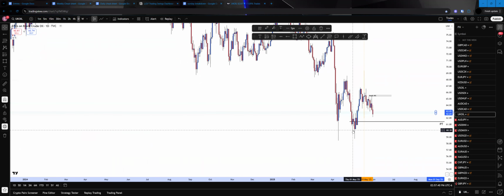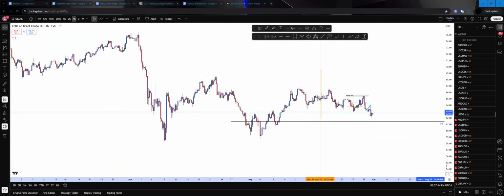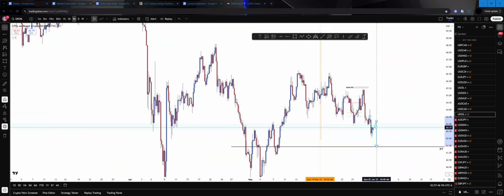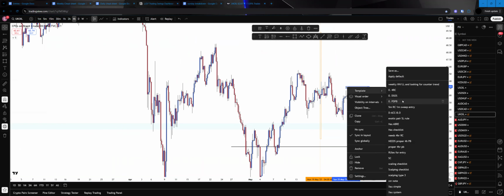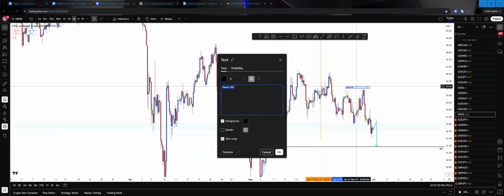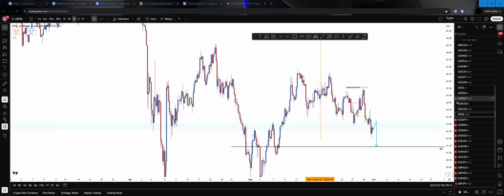Now we're bearish already. Nice. Okay, so we need a proper 4 hour pullback on UK oil. Need proper 4 hour pullback.